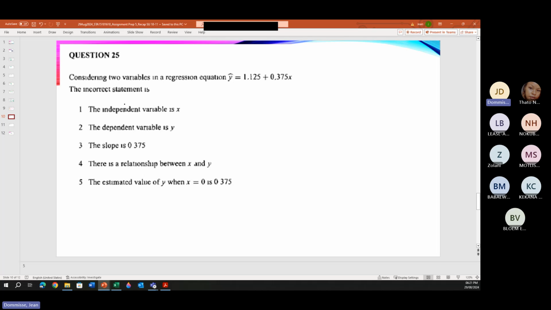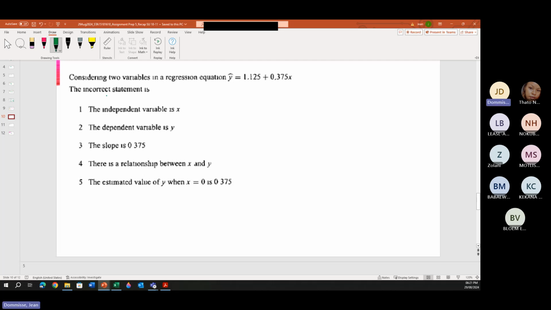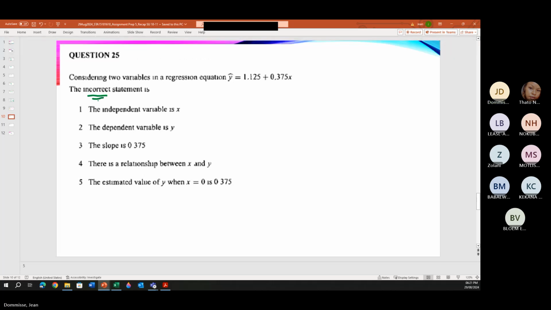Okay, so let's look at these options, and when I ask which one is incorrect. Okay, so consider the two variables in a regression equation. Then y is equal to 1.125 plus 0.375x. The incorrect statement is, okay, independent variable is x.